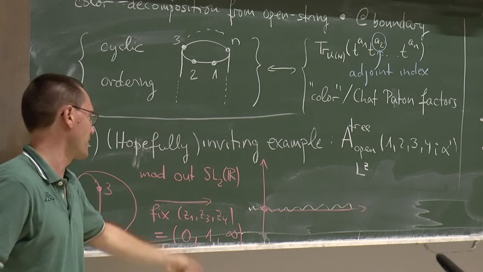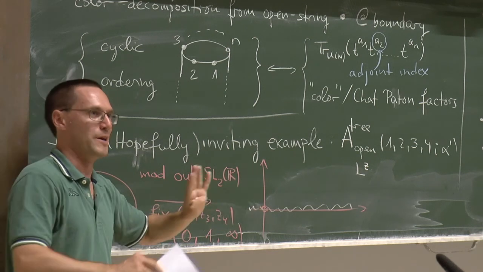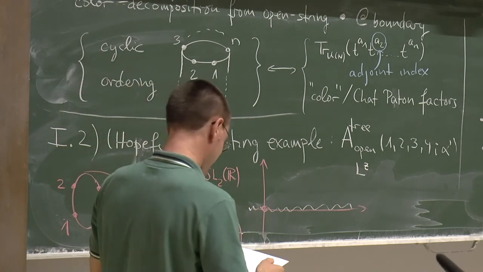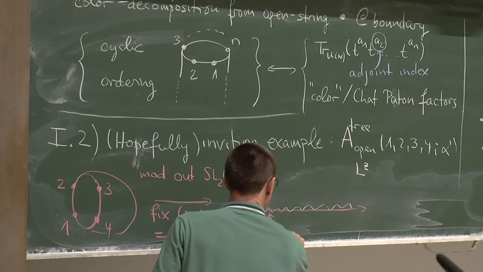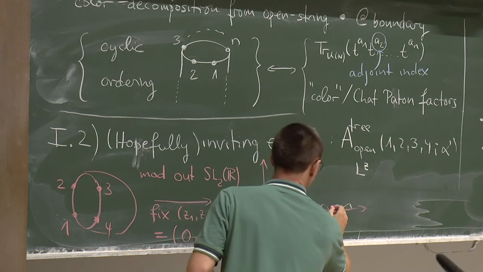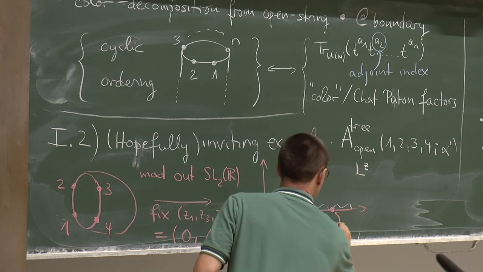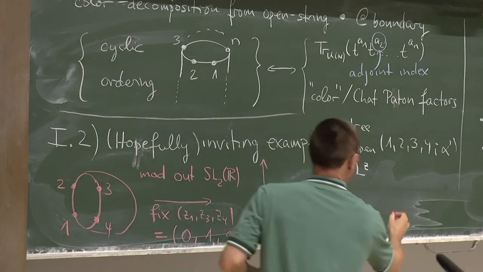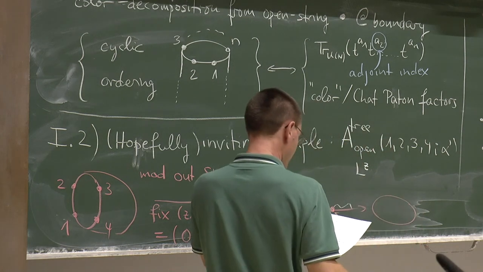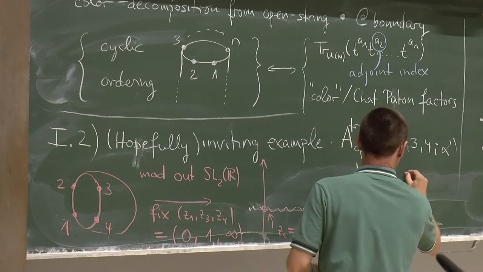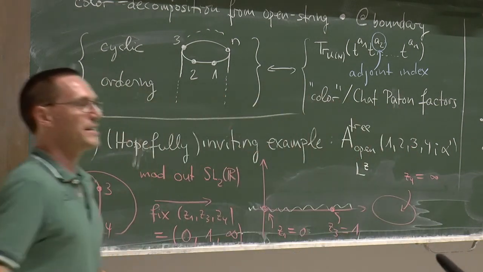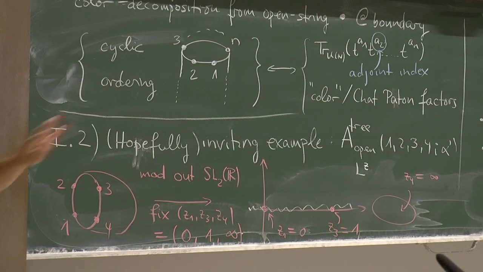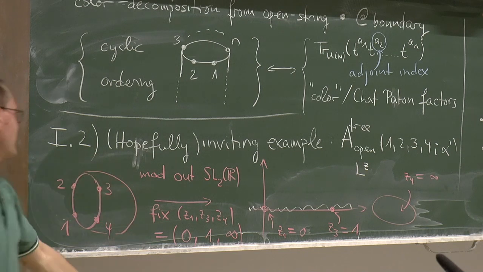Also, you can fix the punctures 2, 3, 4, but maybe your calculation wouldn't benefit. So here on the real line, we have z1 at the origin. We have z3 at 1, and then, which is a little bit tricky to draw for me, there is z4 at infinity.